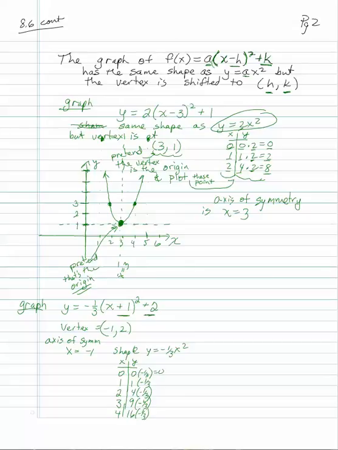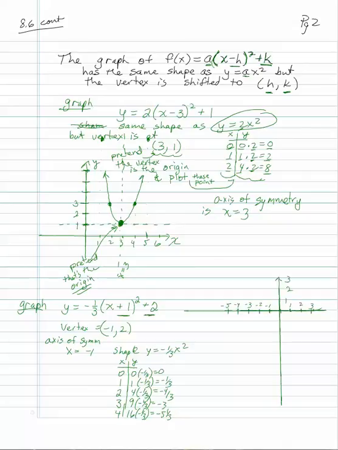So we get 0, negative 1/3, negative 4/3, negative 3, negative 5 and 1/3, or 16/3, same thing.